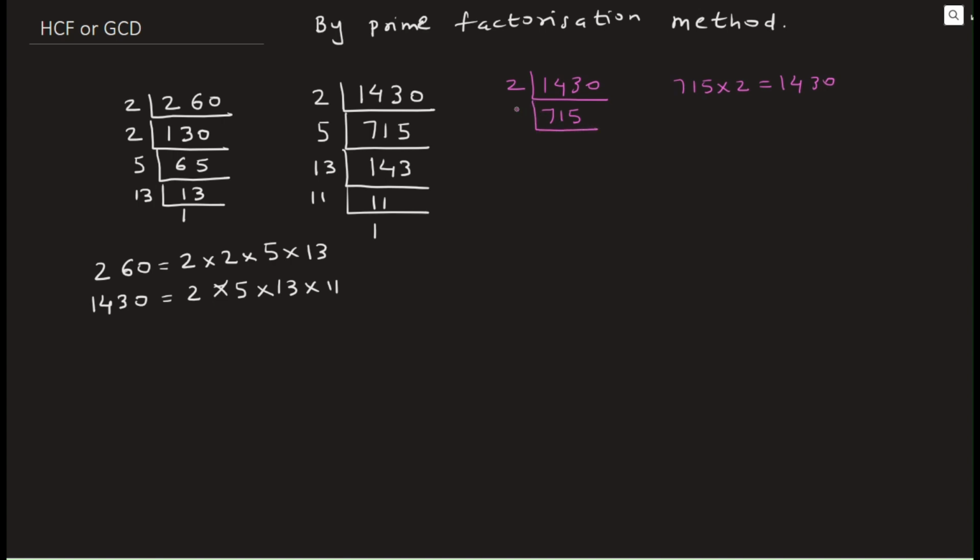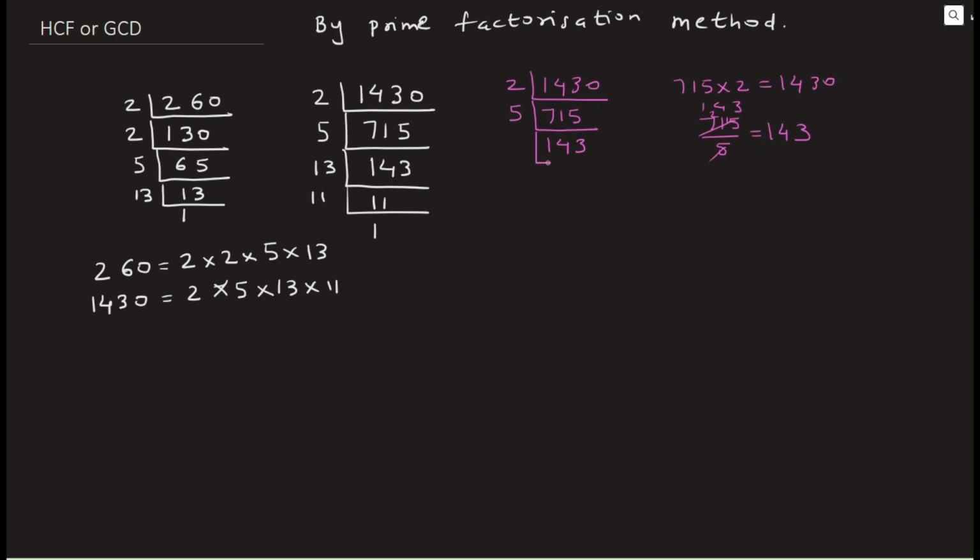Then the next prime number is 5. 715 divided by 5: 5 goes once in 7, 2 is carried over. I have a new number, that is 21. 5 goes 4 times in 21, 1 is carried over. And 5 goes 3 times in 15. So I have 143. So 143 times 5 is 715.